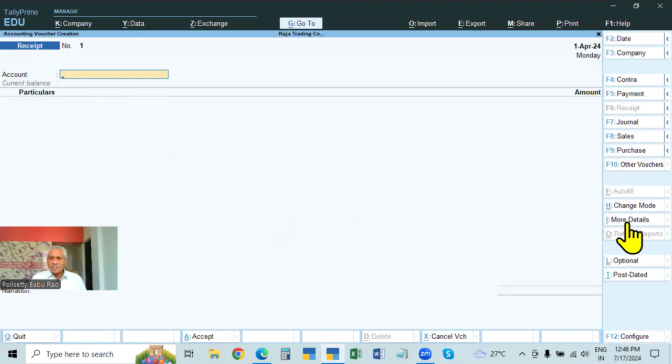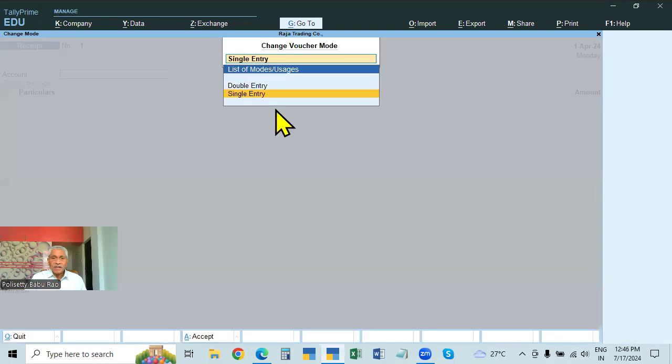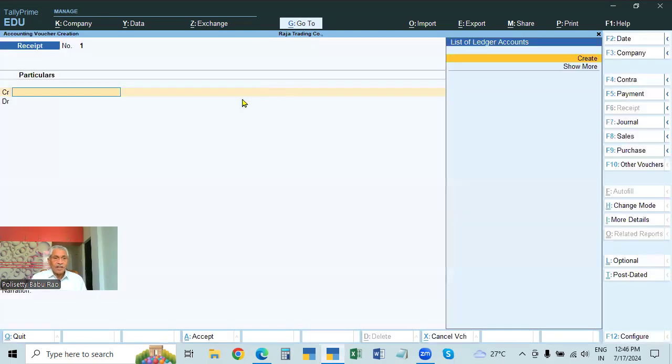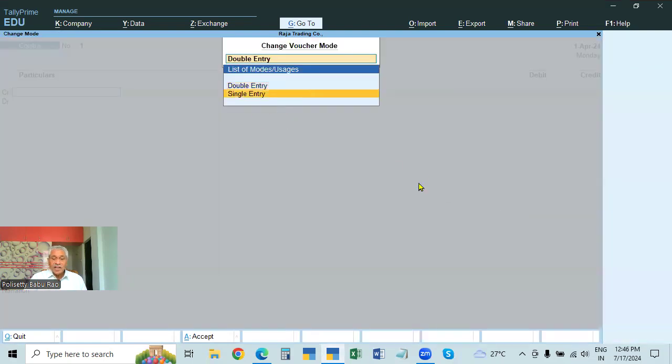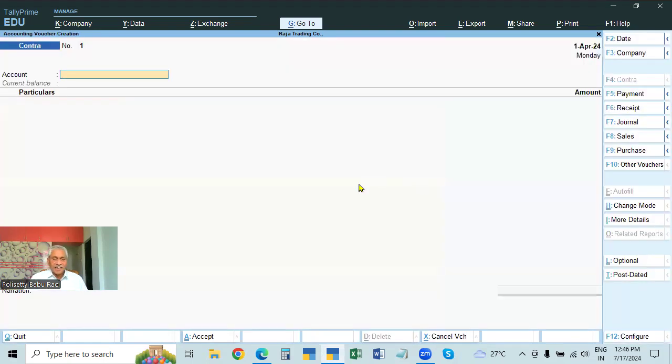Otherwise, if you take the double entry, receipt will start with credit, but payment will start with debit, and contra will start with credit, and you will get confused between credit and debit. That is why if you take the single entry, no problem, no debit and credit here. Account, payment or receipt, cash or bank, and then the other account, whether person or income, person or expense.